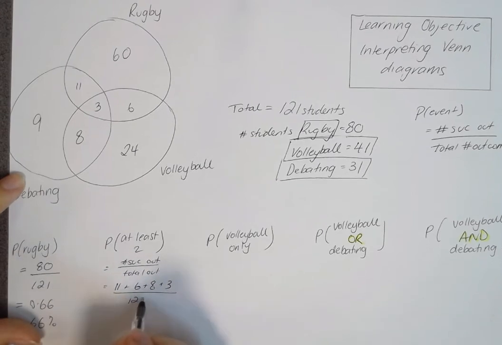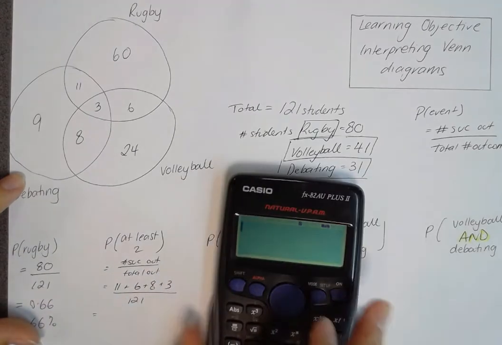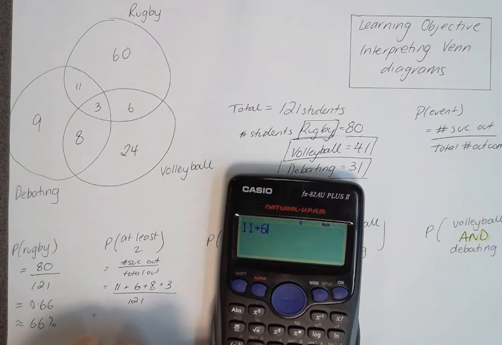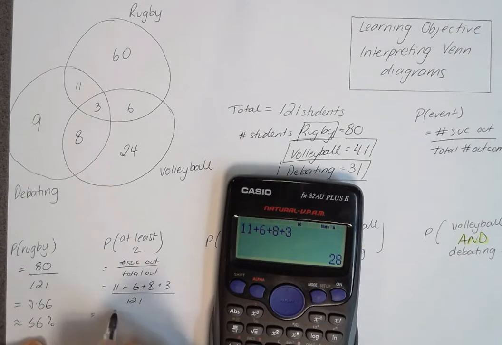Now total is 121. So let's add them all up. 11 plus 6 plus 8 plus 3. 28 divided by 121 will give us 0.23, which is approximately 23%.